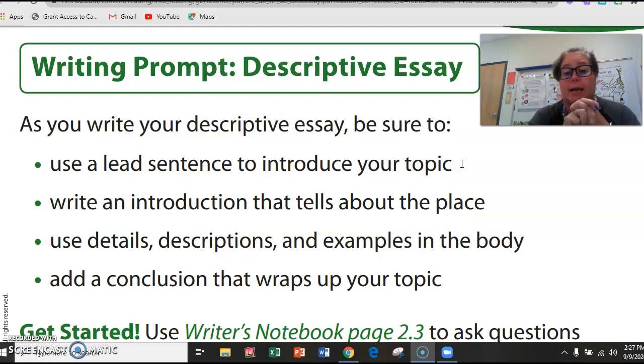Right here, number 2 says write an introduction that tells about the place. So after you write your lead sentence, you need to keep going with a little introduction that tells me about the place that I'm going to be writing about, or the person. So let's say I'm writing about my Mimi. I'm going to say my lead sentence, my Mimi always made me homemade chocolate chip cookies. And then I can go on to describe her house. I loved going to my Mimi's house.